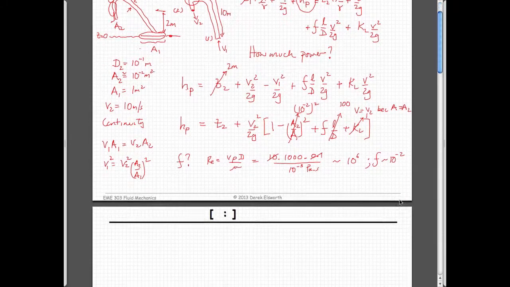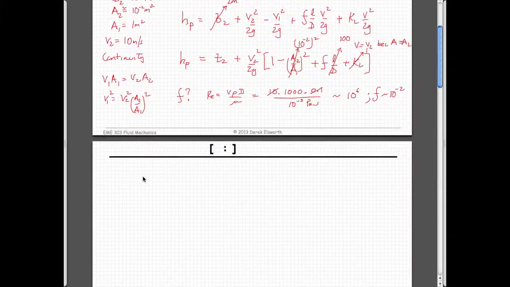100th. And so if we put some numbers in this, then the pump head is equal to 2 meters plus, what's this? V squared over 2g. Velocity was 10 squared over 2 times 9.81 meters per second squared. It's roughly 10, right?